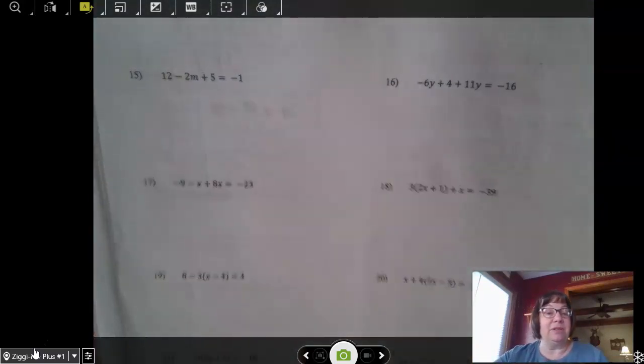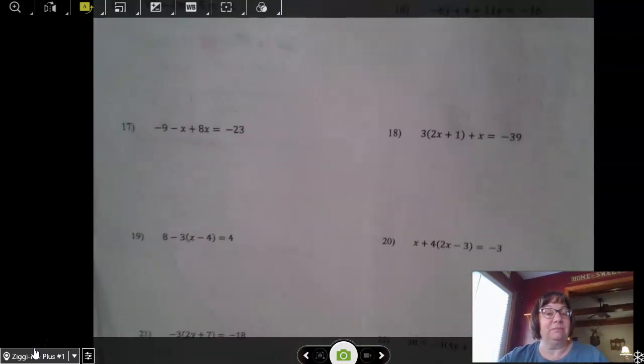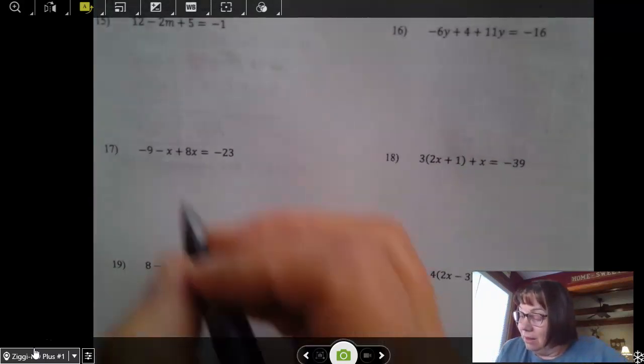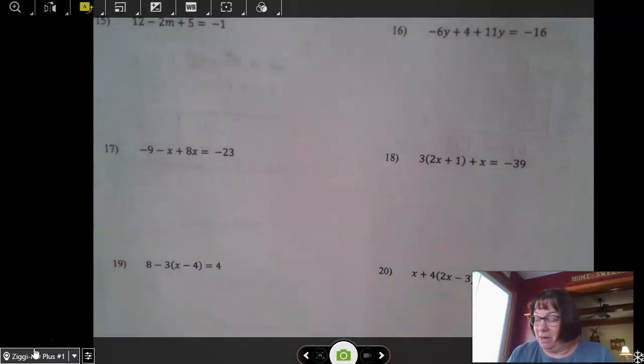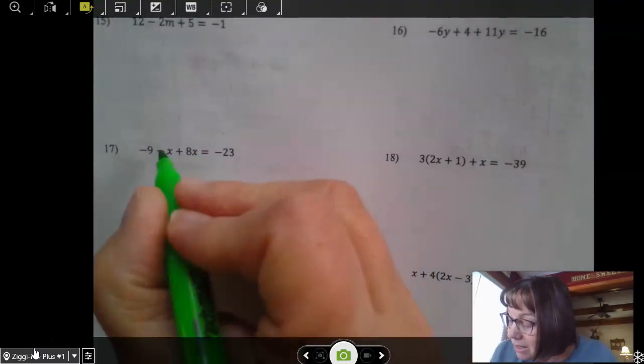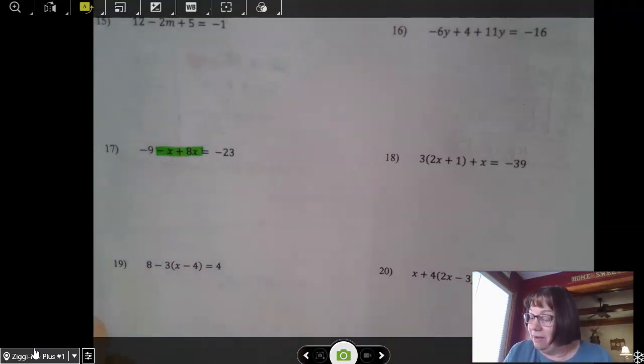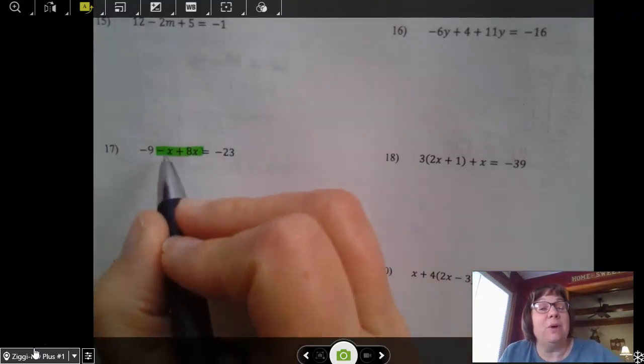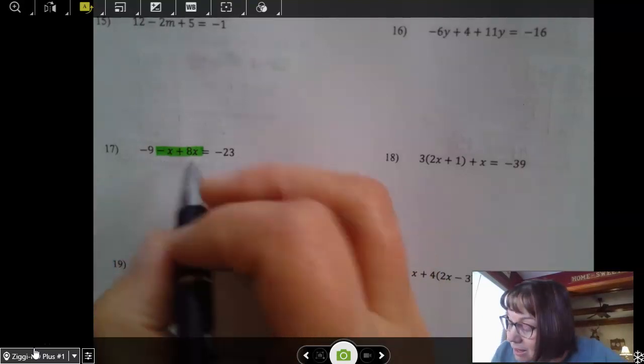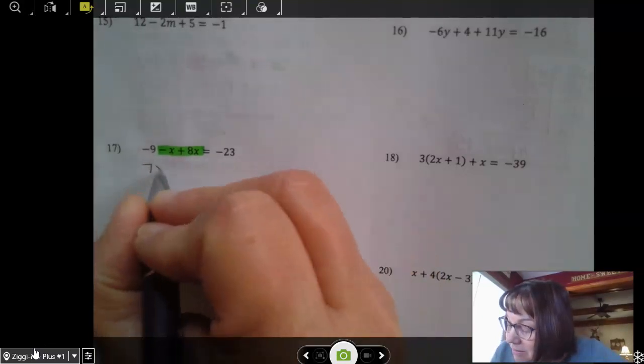So let's look at number 17 here. There isn't any distributive property, so all I have to do is combine like terms, and I see that negative x plus 8x. Remember, when there's nothing here, that's a 1. So negative 1 plus 8 would be 7x minus 9.